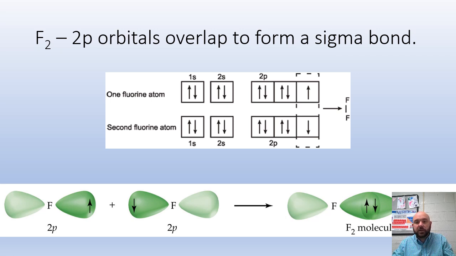It only has one electron. If those two atoms bring that p orbital close together head-on, they can overlap according to valence bond theory and form a covalent sigma bond to fill that orbital up. Again, because of the head-on overlap, it's referred to as a sigma bond.